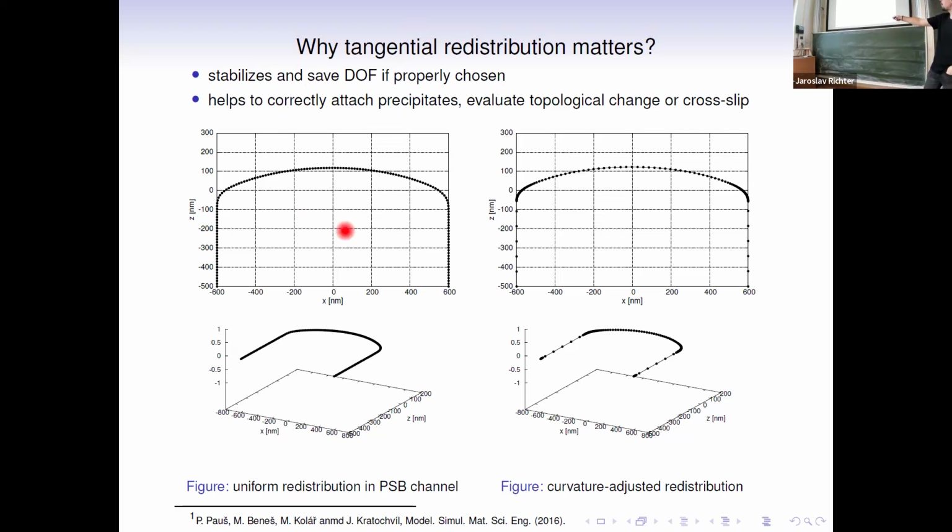For example, here you can see two dislocation curves sliding in some channel, and in the left one, you can see the discretization points are distributed almost uniformly. This is what we usually want to achieve. On the other hand, if you look at the right one, you can see they are not distributed uniformly.